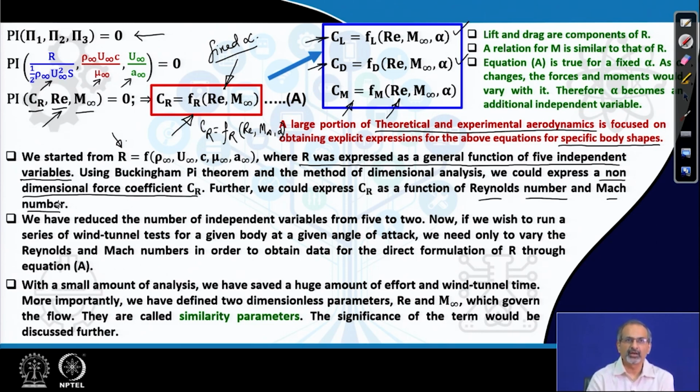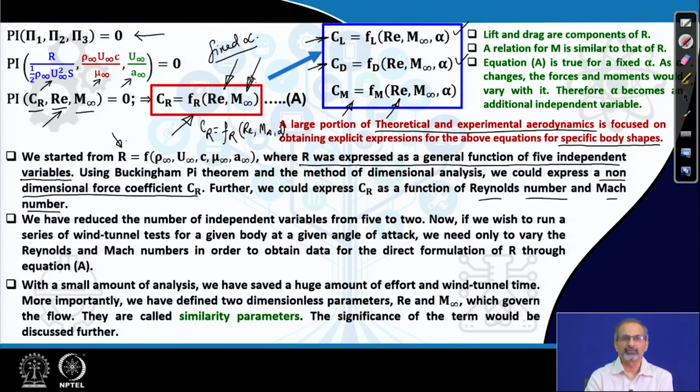Now, if we wish to run a series of experimental tests for a given body like the airfoil at a given angle of attack, we need only to vary the Reynolds number and Mach number in order to obtain the data for the direct formulation of R through this equation. So, we have simplified the problem dramatically by making use of this theorem.